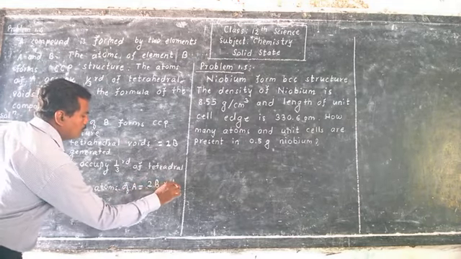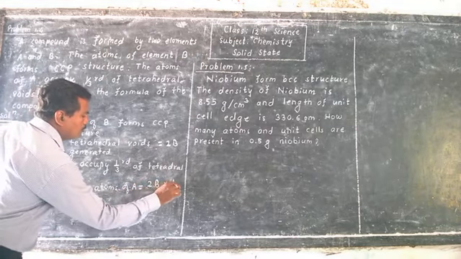The ratio of A and B atoms: so what will be the ratio? This 2B into 1 by 3 means 2 by 3, and B gets cancelled.